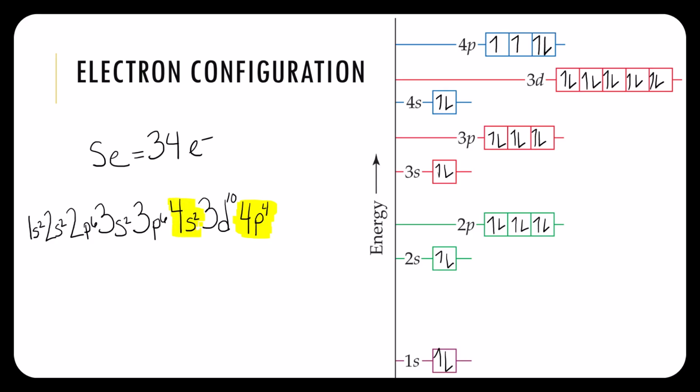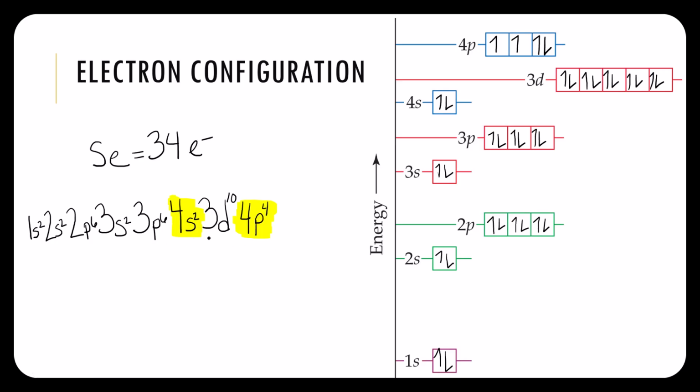Yeah, right here. So if I'm looking at the valence electrons for selenium, I need to make sure that I consider the electrons that are in the 4p, of course, but I also have to include the electrons that are in this 4s as well. So selenium would have 6 valence electrons. Okay.